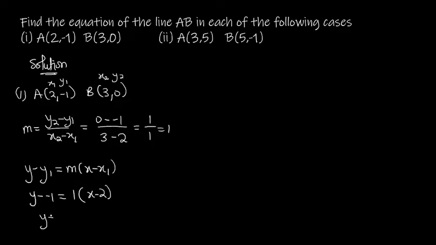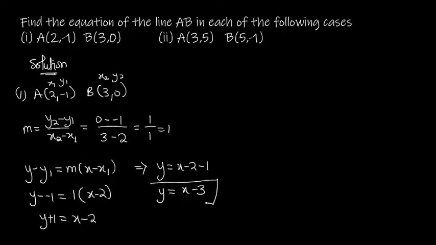So I have here y plus 1 is equal to x minus 2, and this therefore, I'll continue here. So I have y is equal to x minus 2. I maintain this, then I bring the positive 1 to the other side, it becomes negative 1. So my equation of the straight line will now be y is equal to x minus 3.